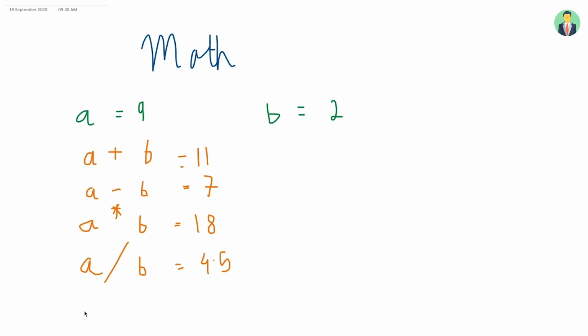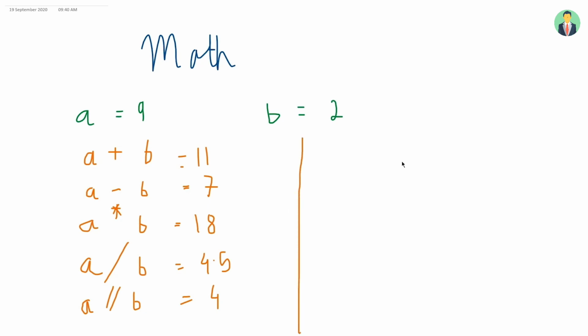We can also do something called floor division. A floor division is written with two of these slashes, and what it does is that it removes the decimal part. So basically just imagine that it's converting this whole number into an integer. When we convert, it just removes the decimal part, so you would get 4.